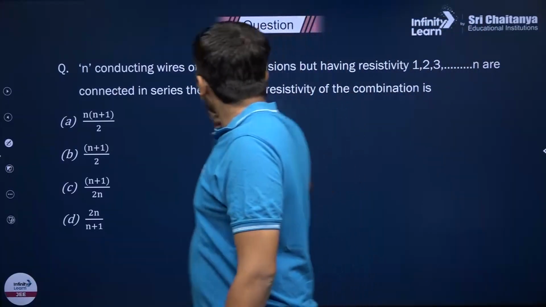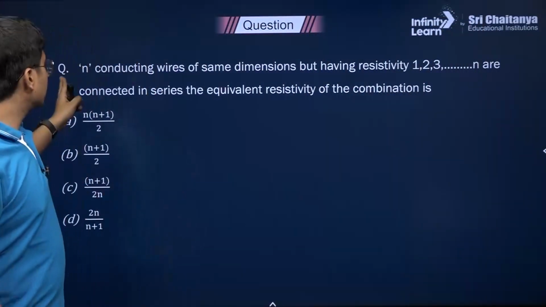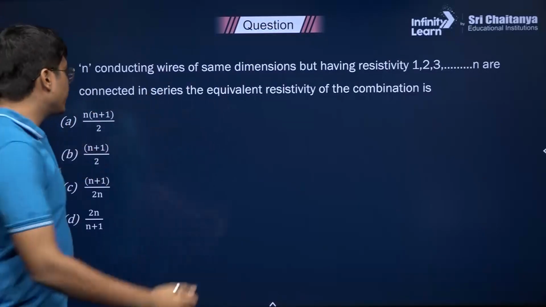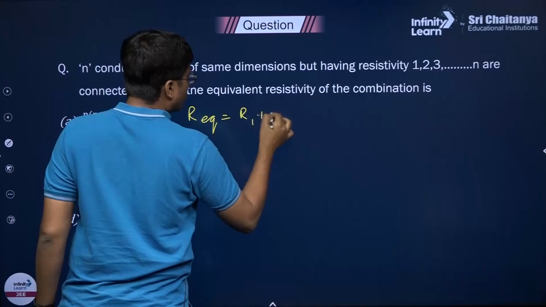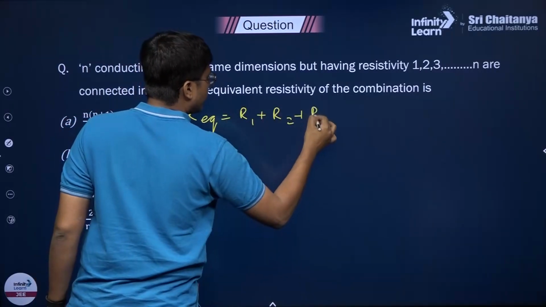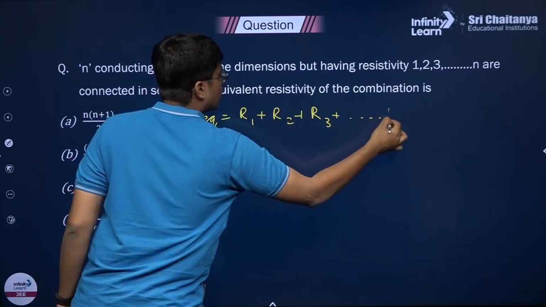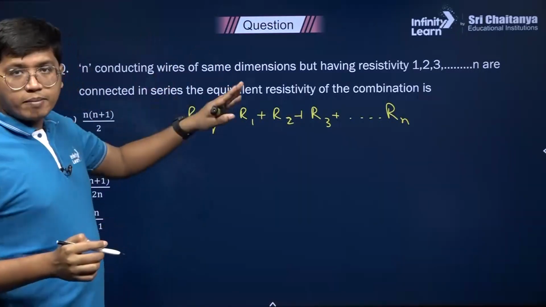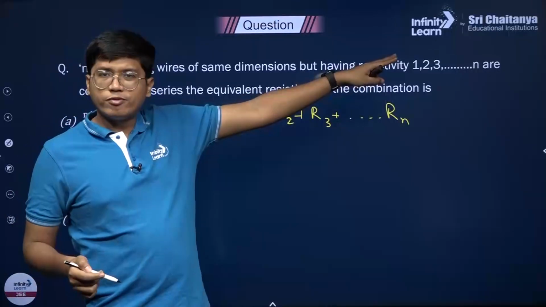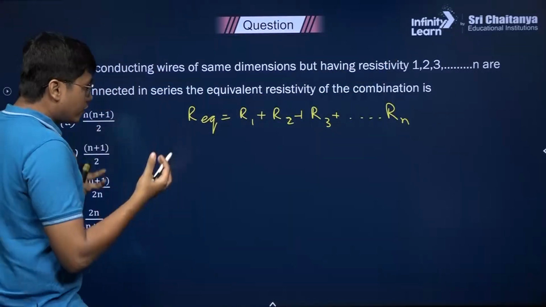So first up, these are connected in series, which means R equivalent would be equal to R1 plus R2 plus R3 and so on, all the way till Rn. Now it's said that they have the same dimensions and we have been given it in terms of resistivity. So let's write it in the resistivity formula.